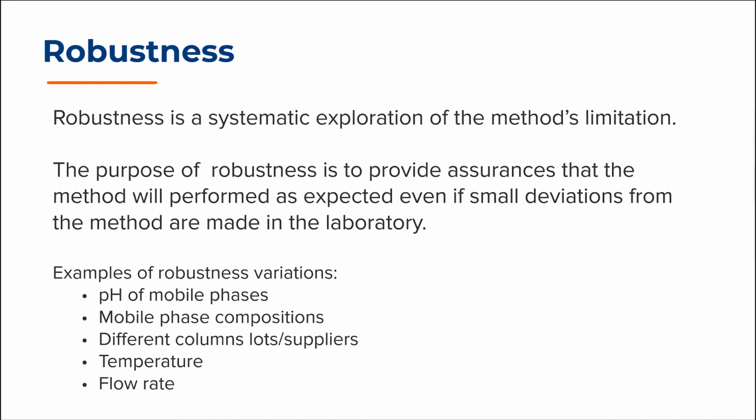The impact of these changes should be assessed on the resulting chromatography to determine how much variation is allowed while still preserving the separation. The purpose of robustness is to provide assurances that the method will perform as expected, even if small variations from the validated method parameters are made in the laboratory.